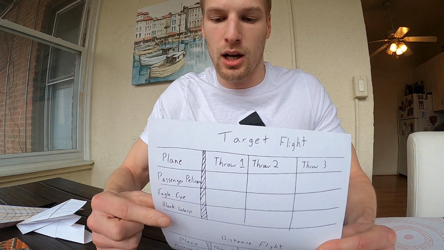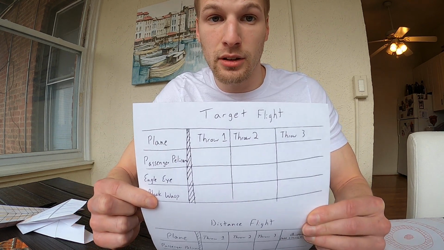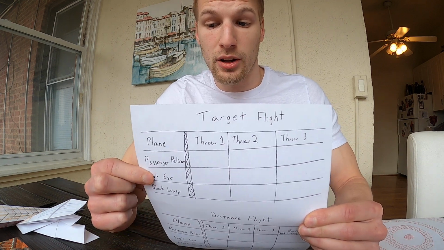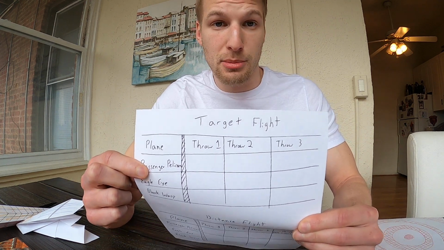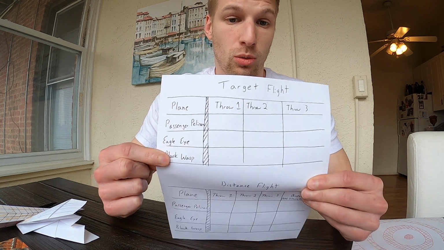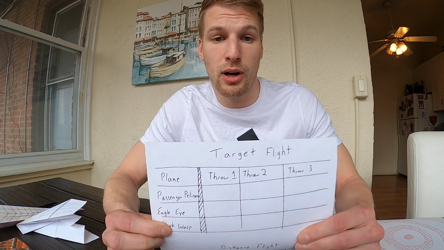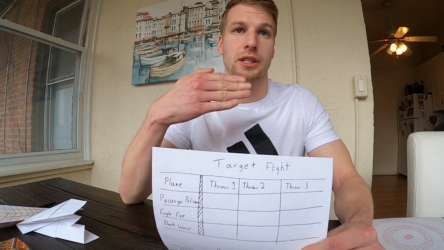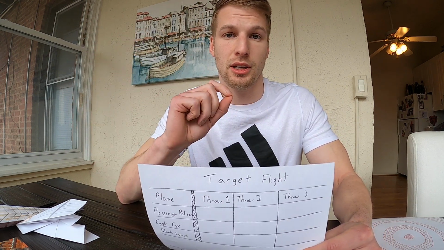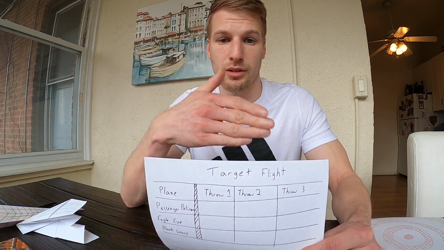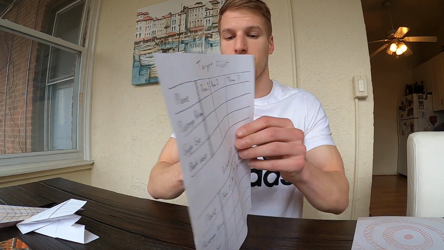If, let's say, the black wasp got 3 out of 3 targets, while the eagle got 1 and the passenger pelican got 2, the black wasp was more accurate. With this, we want to make sure that we are consistent with where we stand, how far back we stand, making sure that every throw is from the same line, same distance.